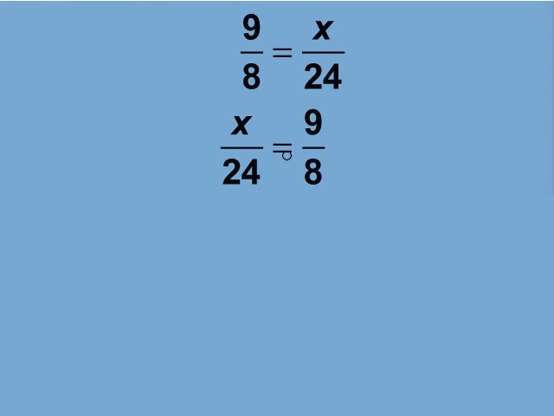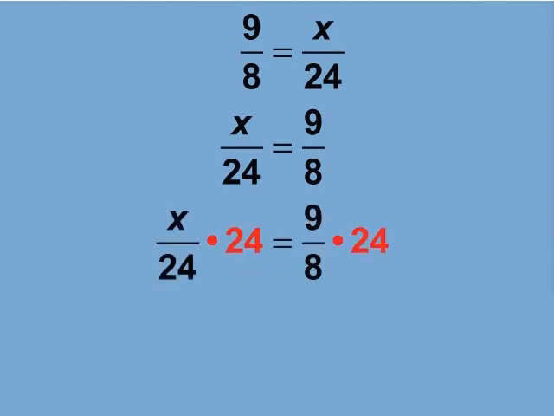Next, multiply both sides by 24 so that x is by itself on the left, like this. This simplifies to x on the left side of the equation. The 8 goes into the 24 3 times, and we're left with 9 times 3. The solution then is x equals 27. So 27 gallons of red paint are needed.